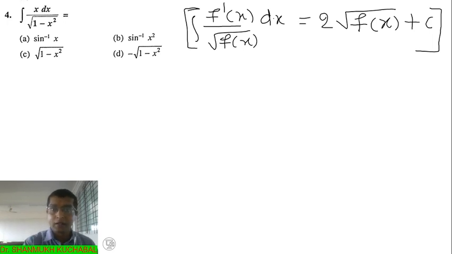That is the root of the denominator derivation. If it is present in the numerator, then we can write this as 2 times root of f of x.